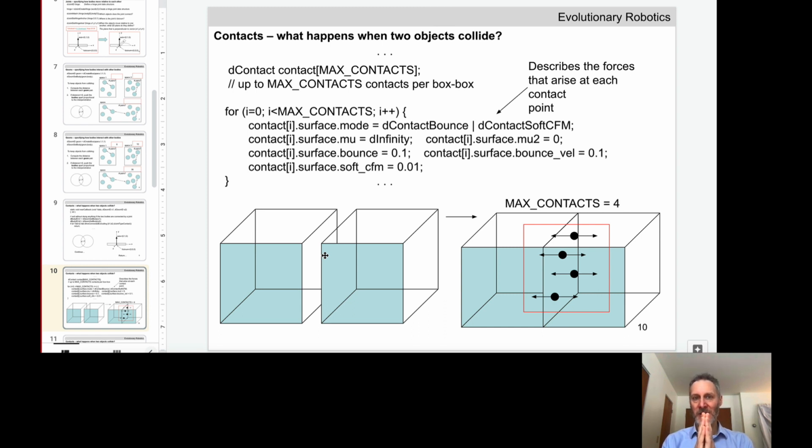So their two faces have come into contact, which means we have a small two-dimensional area where they've come into contact. The physics engine would automatically sprinkle a bunch of points in this two-dimensional space. If we have two spheres that come into contact with one another, there is a small volume where they interpenetrate, and the physics engine would sprinkle a bunch of points in that volume.